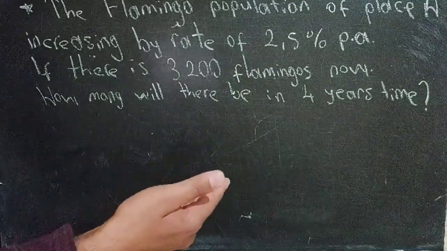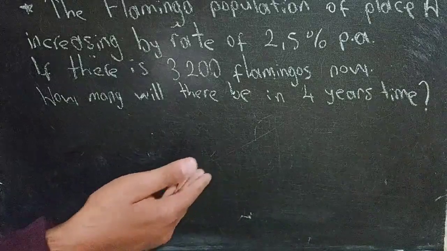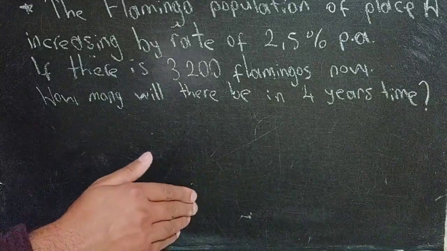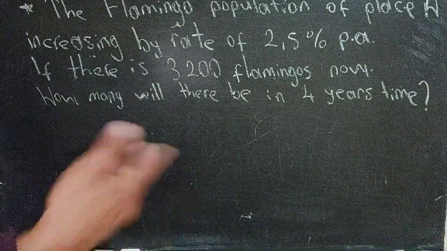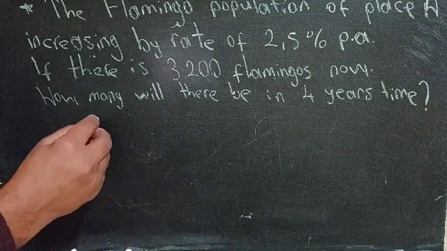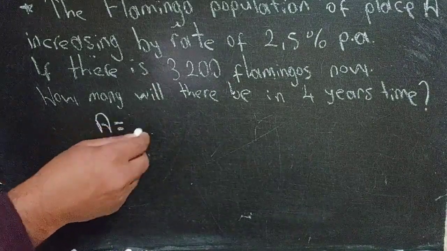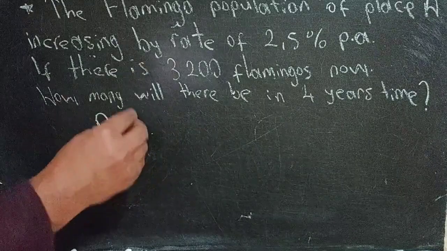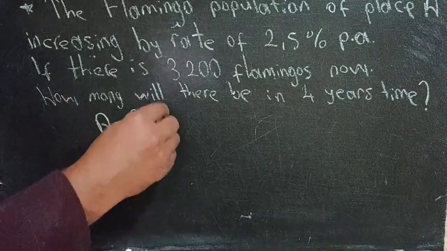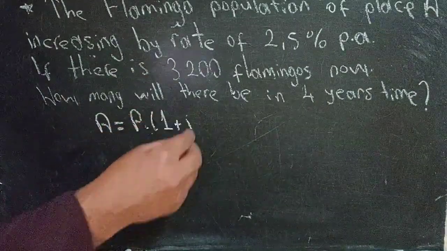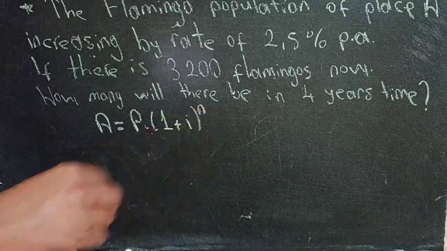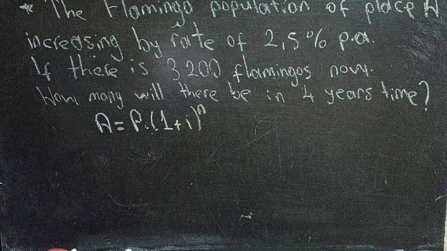So what will I use? I will use the formula of compound interest. What was the formula? The amount after equals the previous times 1 plus interest rate, power n.